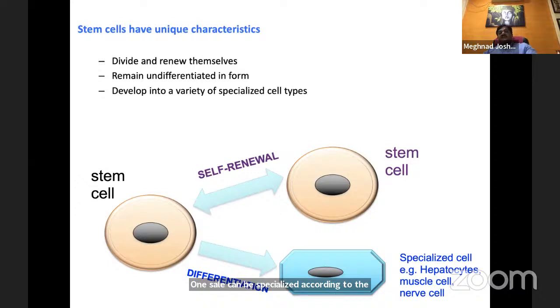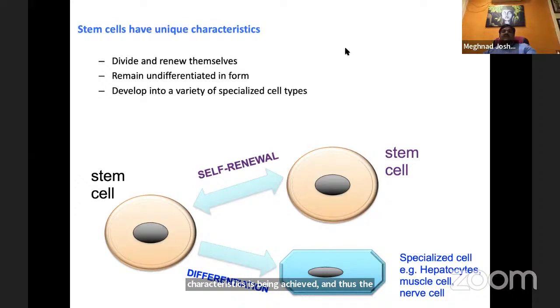That means if the stem cell divides in the liver, it will form a hepatocyte, and at the same time it will keep its stemness in the organ, so that whenever there is a need for cells, it can provide them. In other words, whenever the stem cell divides, it remains in an undifferentiated form. So the stem cell characteristic is achieved, and thus organ-specific specialized cells are formed.